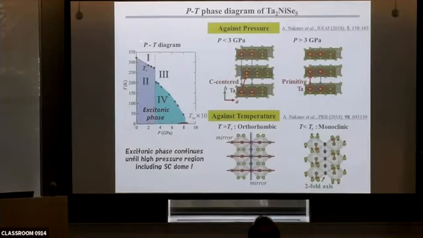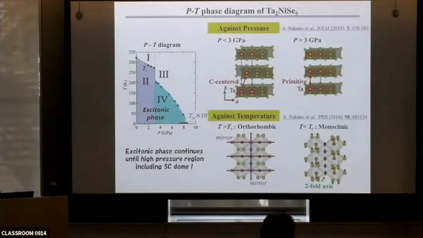This is a pressure-temperature phase diagram. This line shows 3 gigapascal, and phases 1 and 3 are orthorhombic, while 2 and 4 show the monoclinic state. The basic atomic coordination in the layer does not change qualitatively between 1 and 3, and 2 and 4.